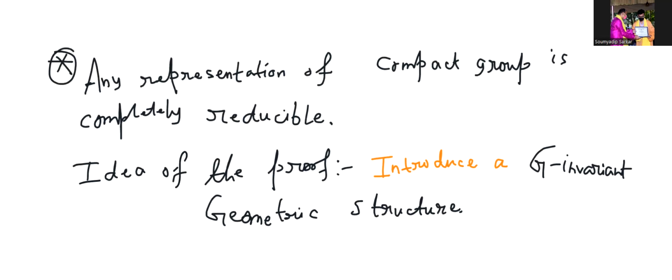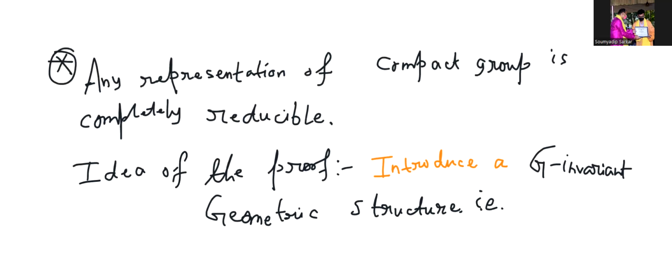But if you want to study vector spaces better, you can introduce a geometric structure. And concretely, what does a geometric structure mean? Geometric structure means you have this notion of length, distance, angle. These things are concrete geometric concepts.